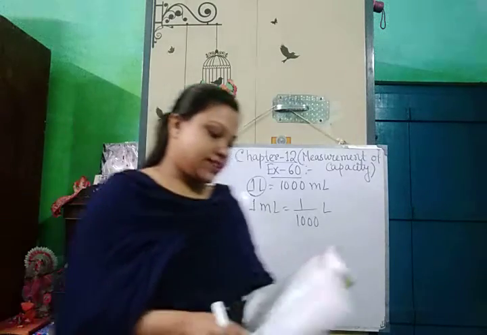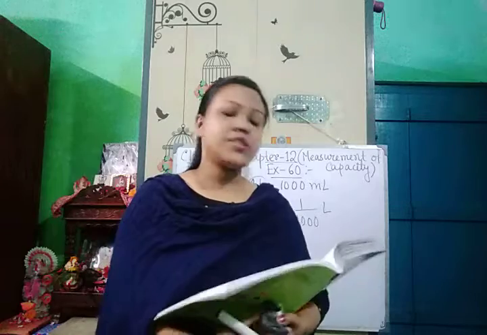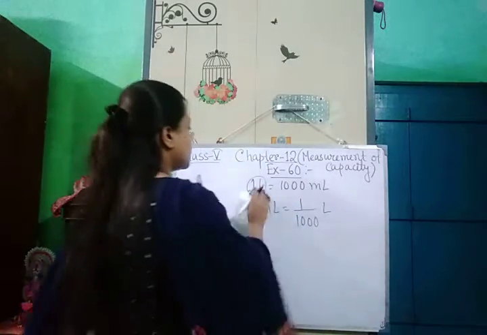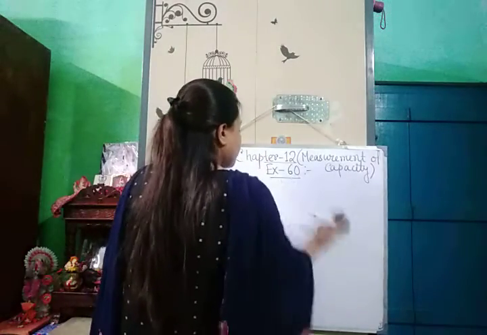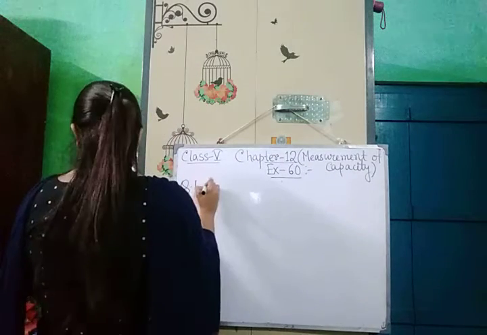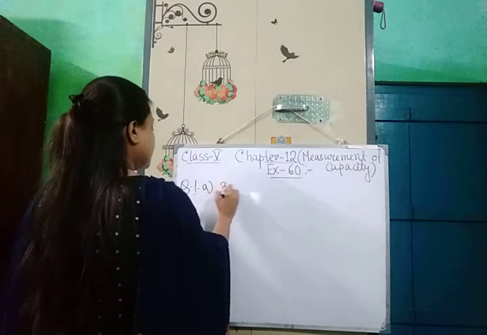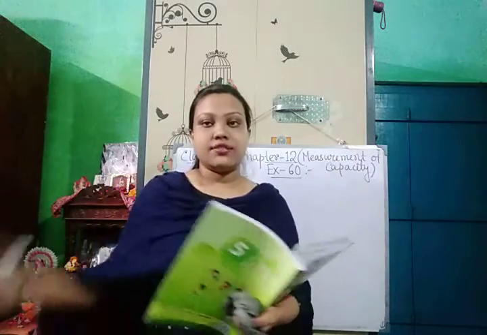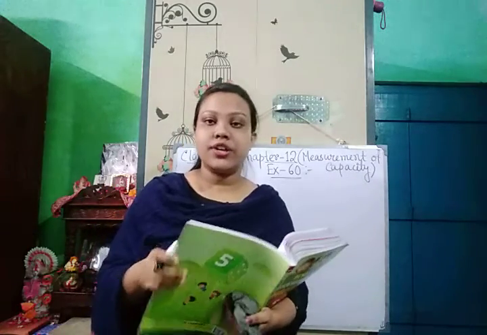Now we will go to the exercise. Few sums are there in this exercise. That is a very short exercise. Okay, so first I am doing question number 1. Question number 1's A is 3 ml. Question number 1 is converting to liter. So ml is given, we are going to convert it to liter.